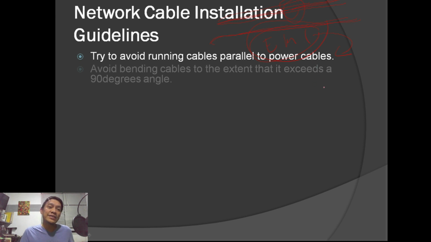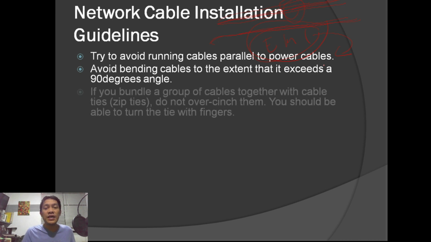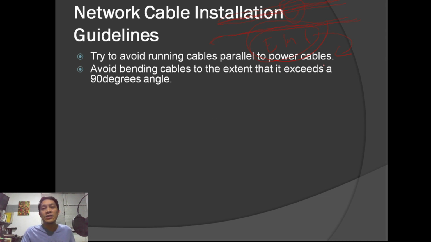Okay, so next is avoid bending cables to the extent that it exceeds a 90 degrees angle. As much as possible, do not bend the cables at 90 degrees, because there's a possibility that the wires may be cut here. Baka maputol siya on this particular point since you bend it on 90 degrees.